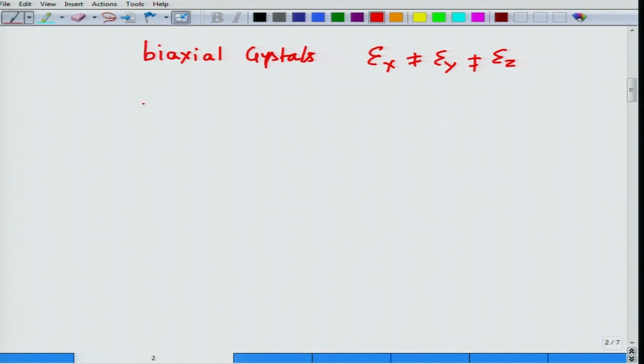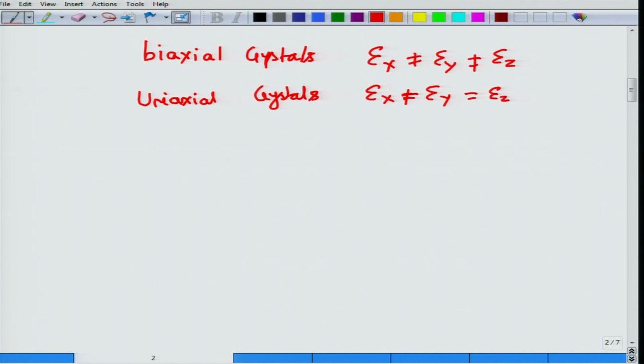In biaxial crystals you have epsilon x not equal to epsilon y, which is further not equal to epsilon z, but in a uniaxial crystal, which is more commonly used and which is what we are going to consider, for example calcite or gallium arsenide, these crystals are what are called uniaxial crystals. So, epsilon x is not equal to epsilon y, but let us say this is equal to epsilon z, that is 2 out of those 3 values are equal to each other.